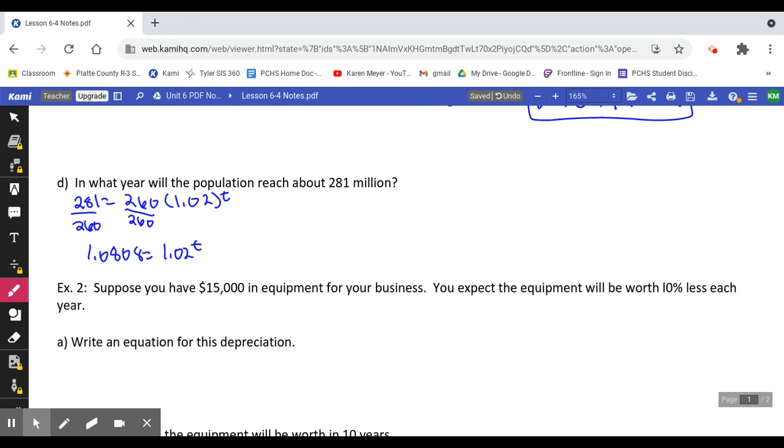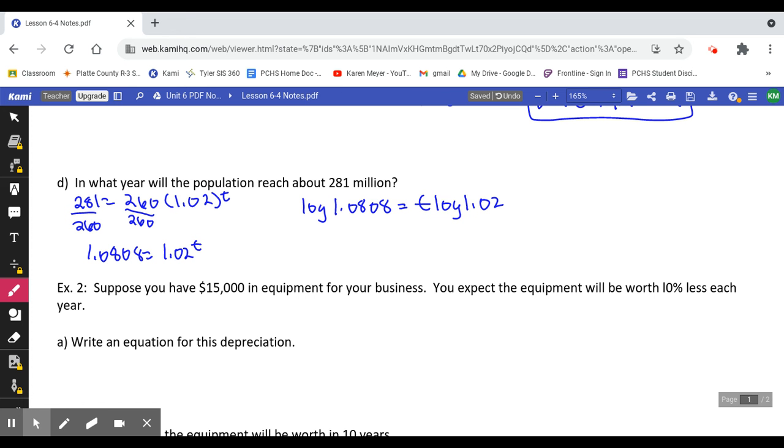So now, how do you get rid of the T from the exponent? And you're going to say, well, hey, from the last lesson, I remember that if I put a log on both sides, I can move my exponent down to a big number. So I'm going to put log on both sides, and then I get to move my T out in front.